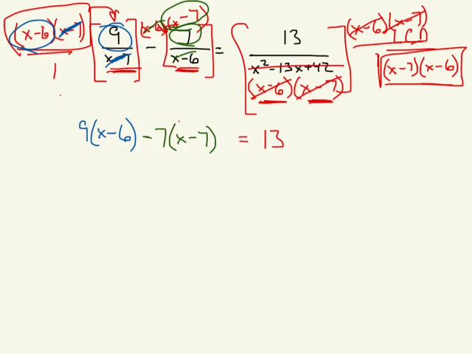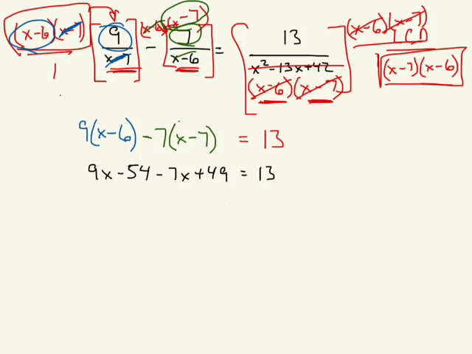So now that that's our equation, let's go on and finish solving this. Let's make sure we distribute: 9x minus 54, subtract 7x, and add 49. Make sure you distribute your negative sign. And now you can see we've got a nice little equation that has no more fractions in it.